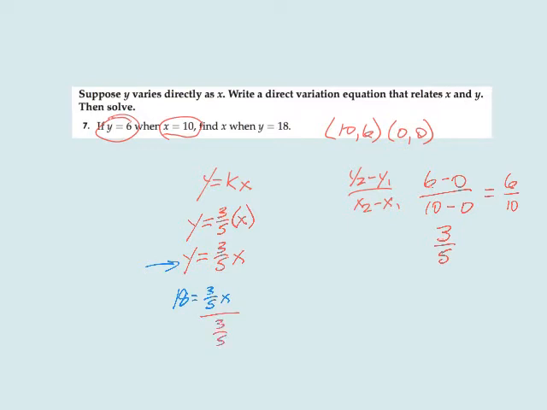And remember, you're going to do KFC, so I'll do times 5/3. Make 18 into a fraction. I'll look diagonally. 3 goes into 3 once, it goes into 18 6 times. And then I'll multiply straight across. 5 times 6 is 30. 1 times 1 is 1. It's 30. Let's look at one more.